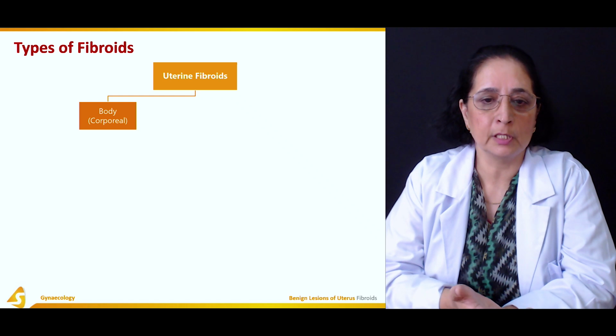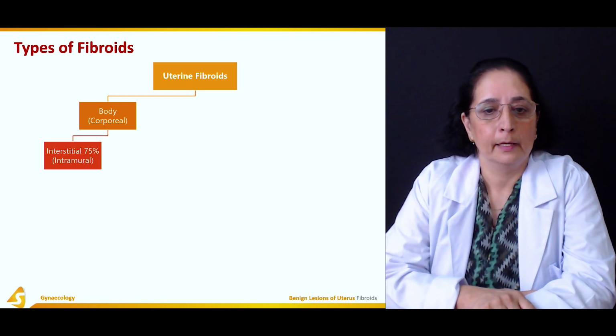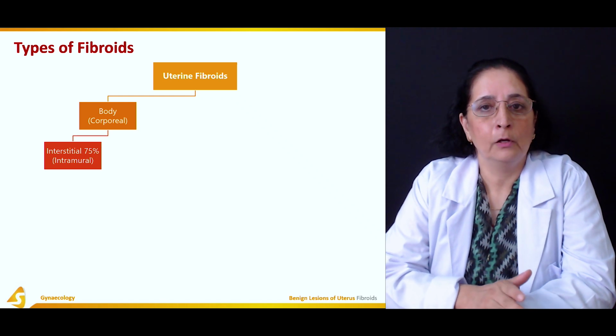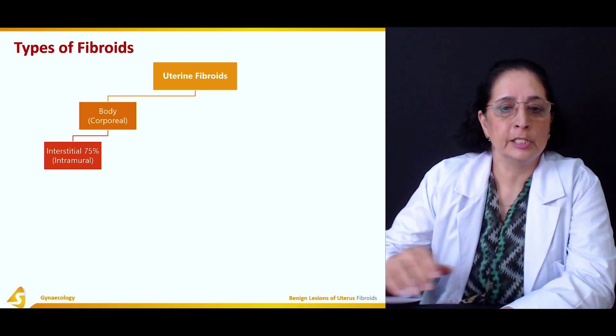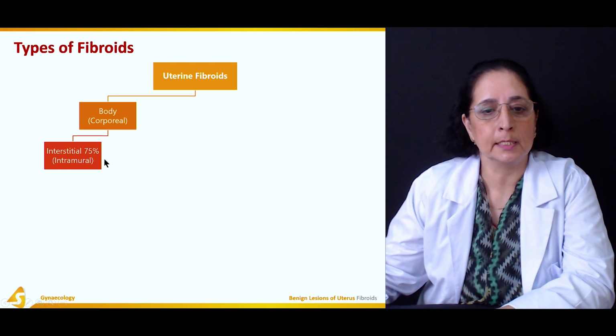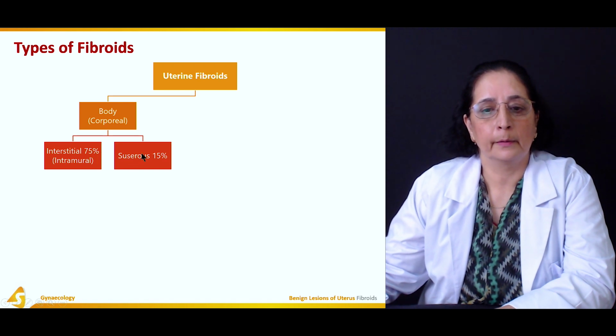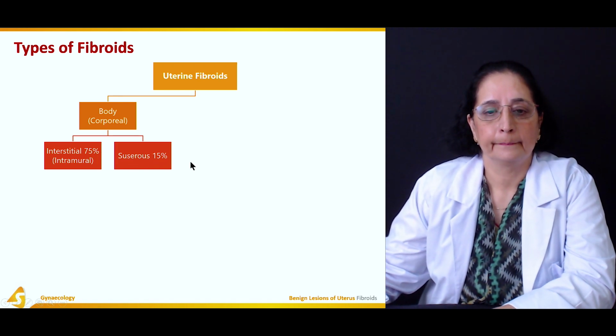Fibroids in the body of the uterus are known as corporeal fibroids. From the corporeal fibroids, interstitial or intramural are commonest, 75%. Serous are 15%.